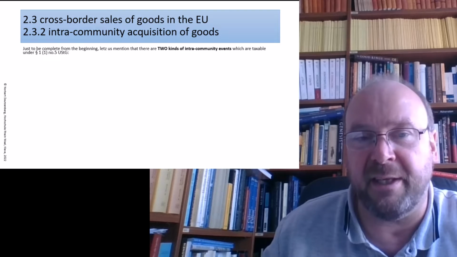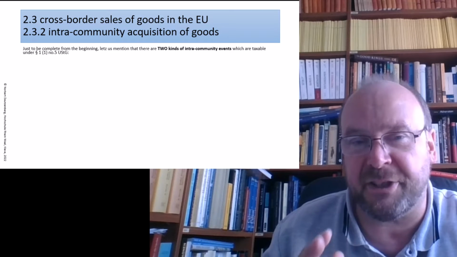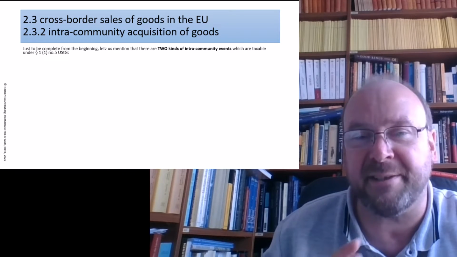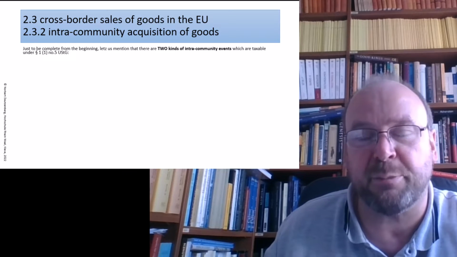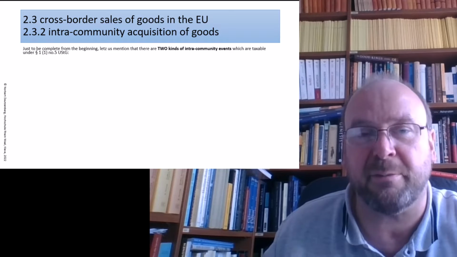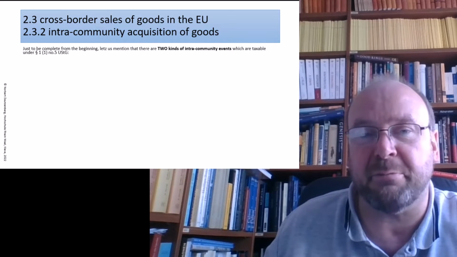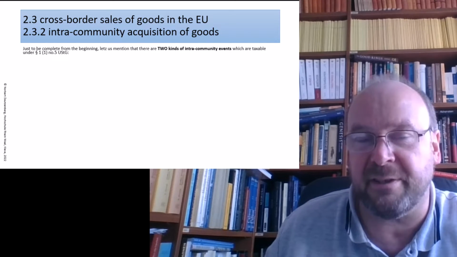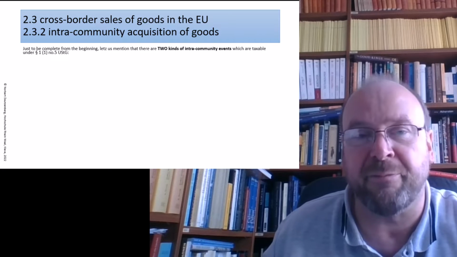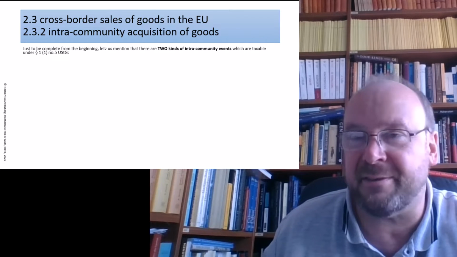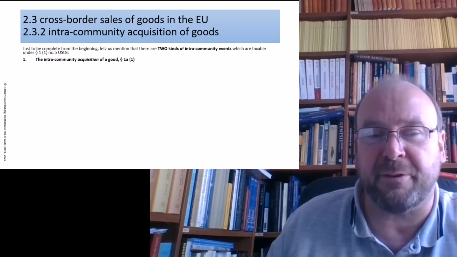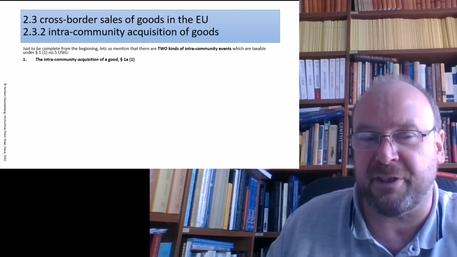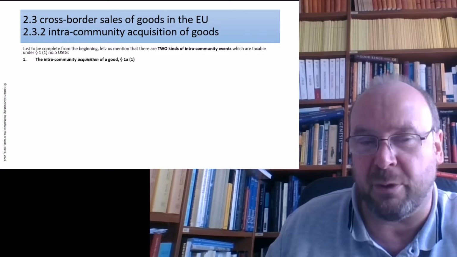So the general idea, or the widest idea behind the intra-community acquisition, is that persons who can read and write and know about value-added tax should replace the importation VAT levied by the customs officer by the acquisition tax declared by themselves.